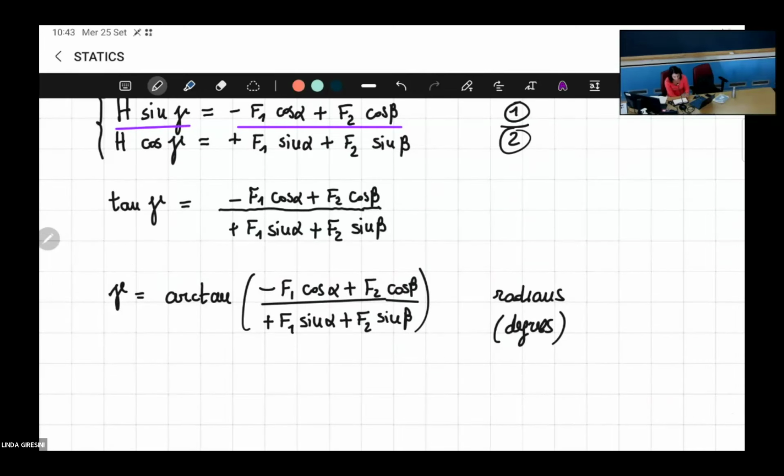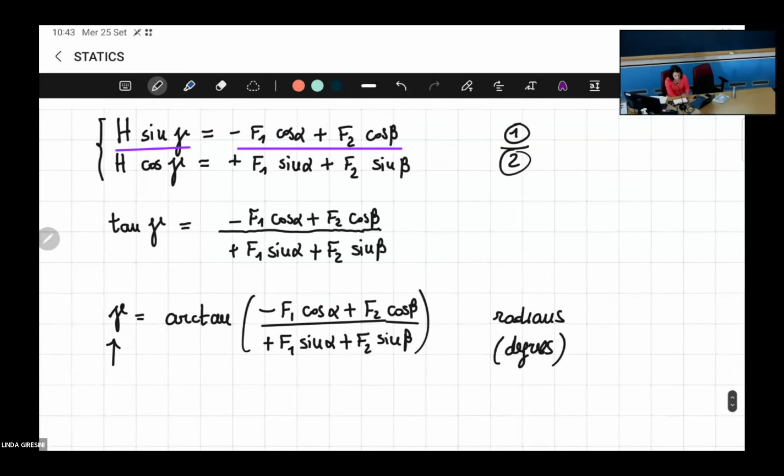Now, once gamma, which is one of the two unknowns, is known, how can we find the other unknown, which is the magnitude of H? By substituting gamma, for example, into the first or the second equation.